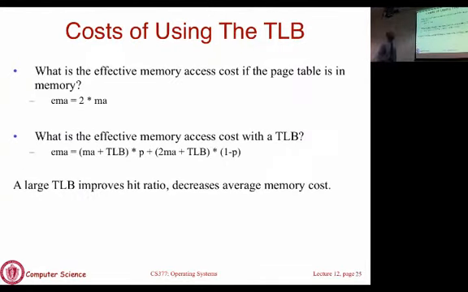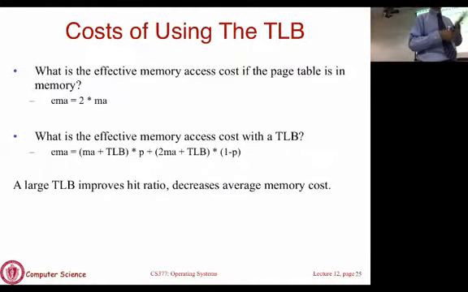So that's what is shown there, except that here, this probability P is the probability of a hit. In this expression, I said P is the probability of a miss. It doesn't matter. One is P, the other one will be 1 minus P. Any questions on this? So this allows you to analyze, by sticking in a TLB, what kind of speedup you get.